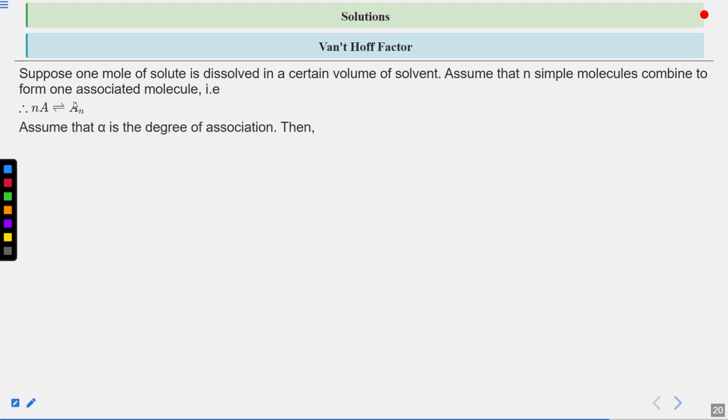Now, if we consider alpha as the degree of association, then we can write the number of unassociated particles as 1 minus alpha. So we have just used our equilibrium knowledge to do this. Initially, if there was 1 mole, then alpha moles have associated to form this An. So the number of unassociated particles after association will be 1 minus alpha. Similarly, what will be the number of associated molecules? It will be alpha by n.